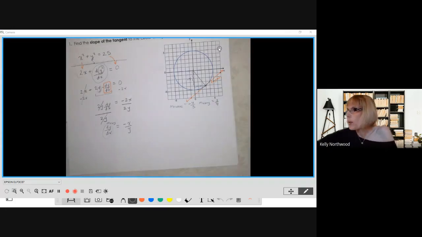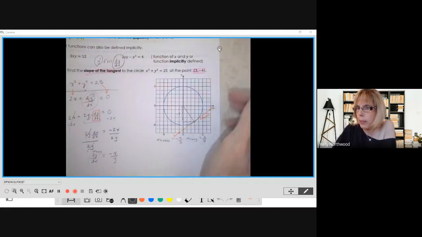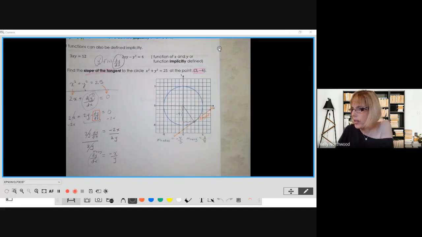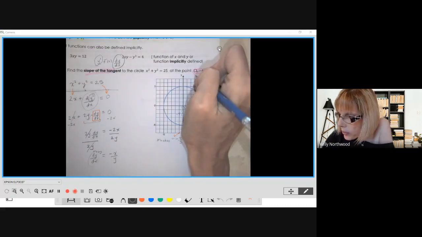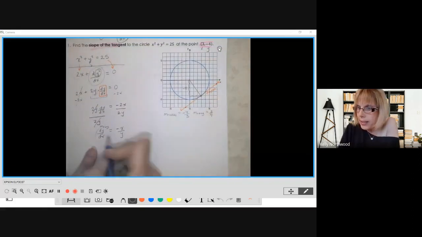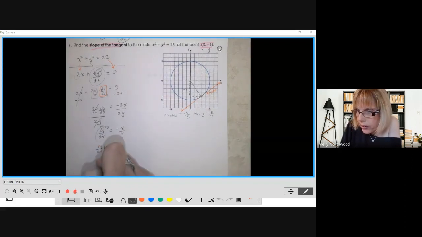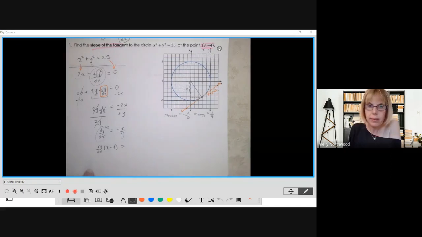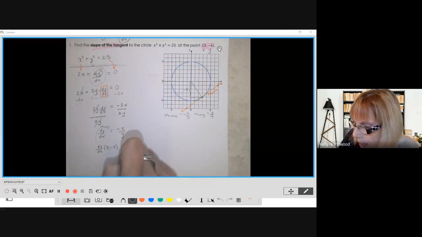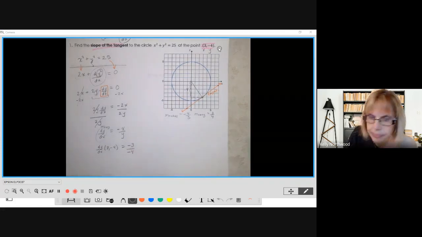So we can take this point they gave us up here in the question, because they want the slope of the tangent at the point (3, -4), meaning at the point where x is 3 and y is -4. So you can write dy/dx at (3, -4) is equal to negative 3, because x is 3, over y is -4.